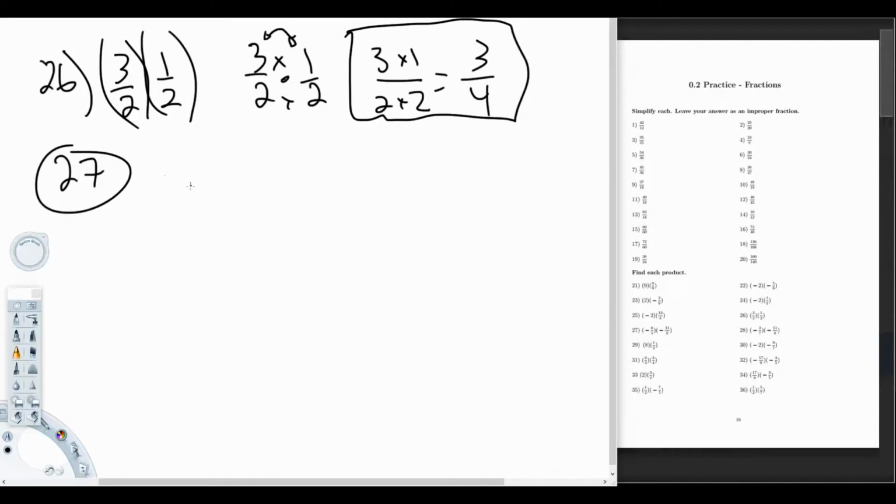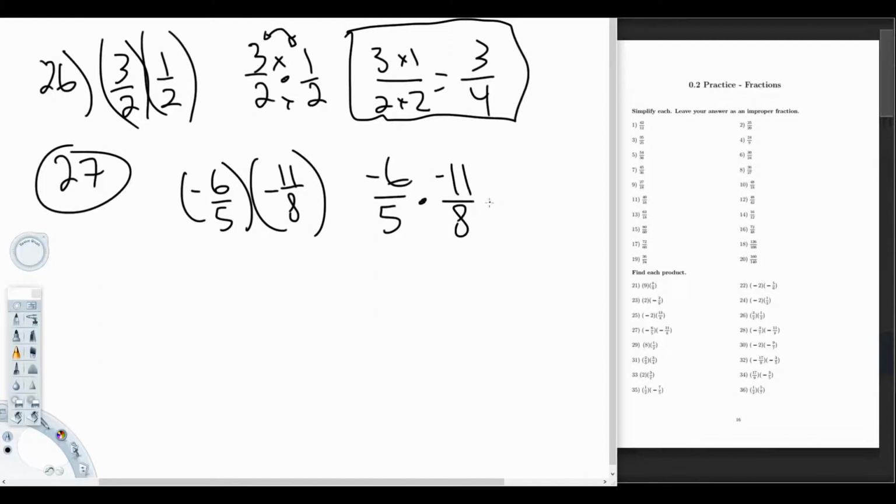So negative 6 over 5 multiplied by negative 11 over 8. Now it's getting crazy. Negative 6 over 5 multiplied by negative 11 over 8 equals. These are two negative numbers. We're going to get a positive answer for sure. So can we reduce anything here? Well, I think these two we can divide by 2, right?